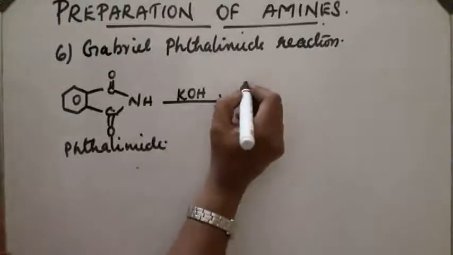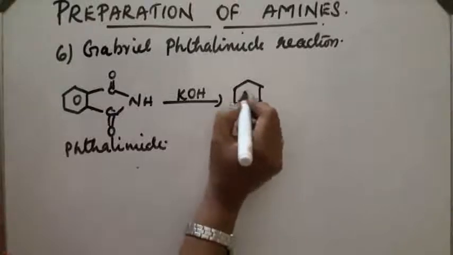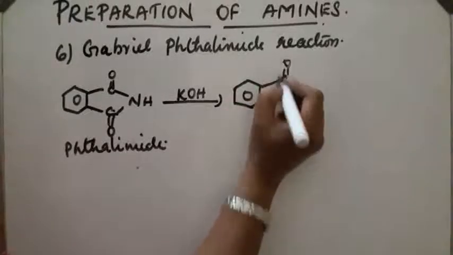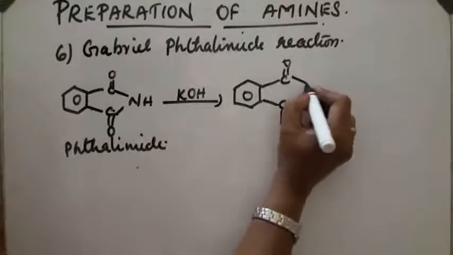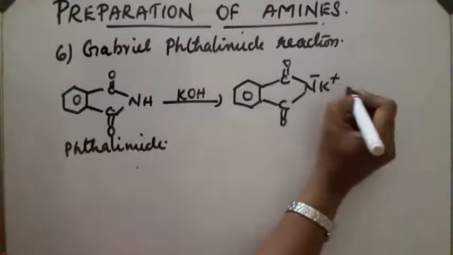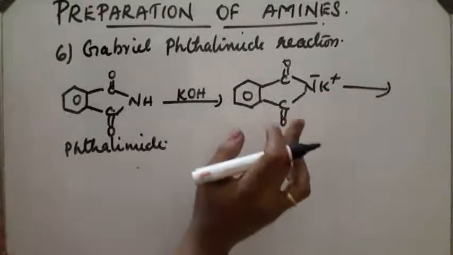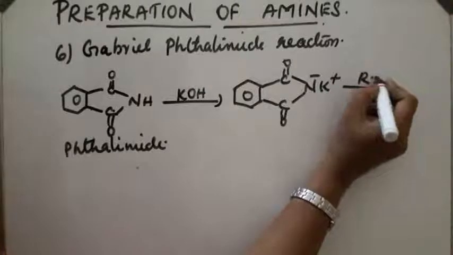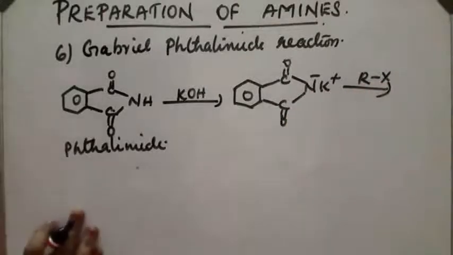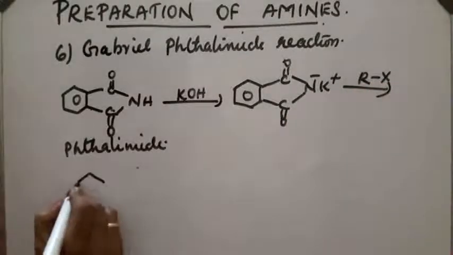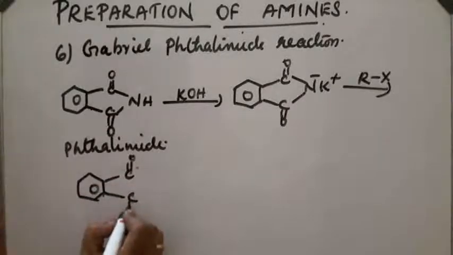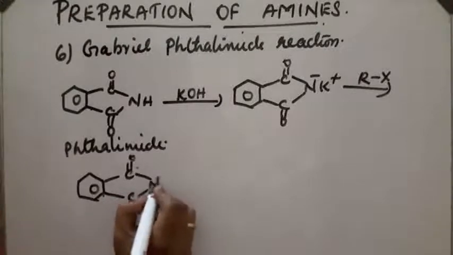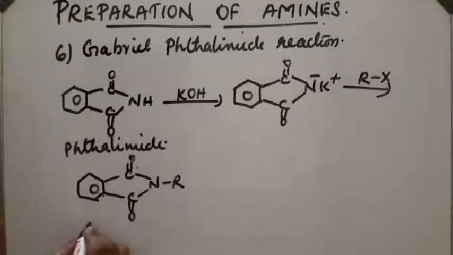Let us see the reaction. From this we can obtain the potassium salt. Next, on reaction with alkyl halide, RX, this K is replaced by R. This is N-alkyl phthalimide.